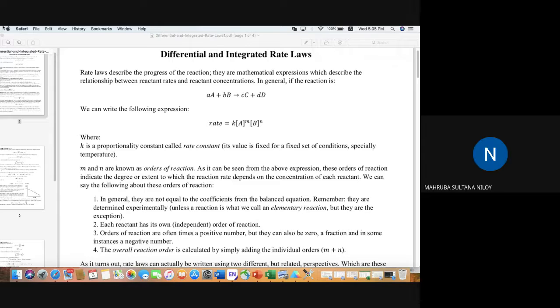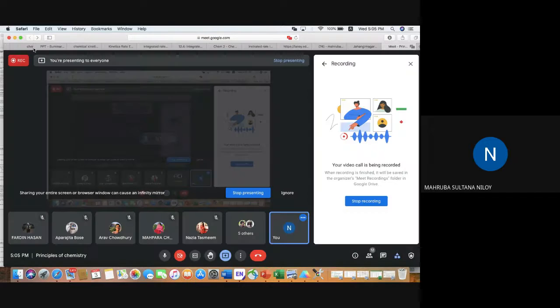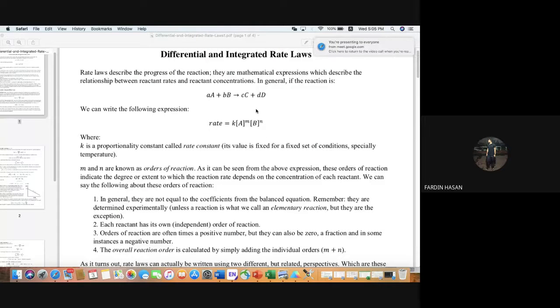Okay, so if a reaction is zero order in terms of reactant A, what will be the power of M here? That we discussed in our last class, right? Zero, sir.